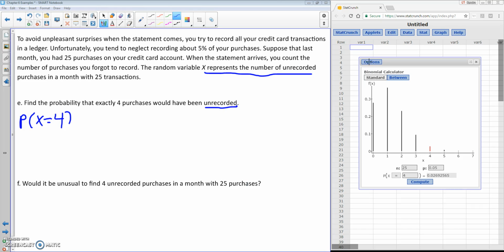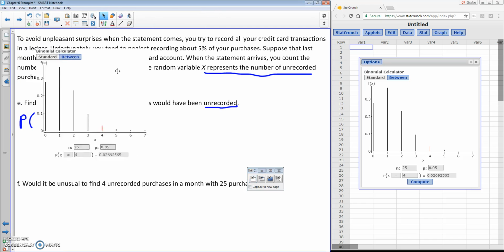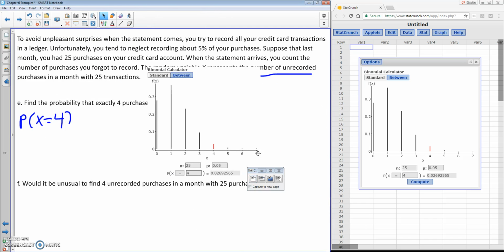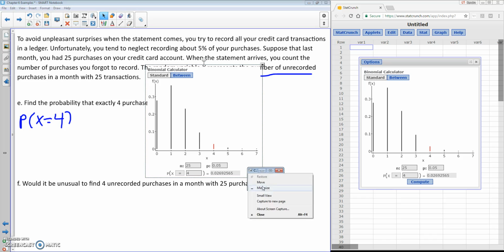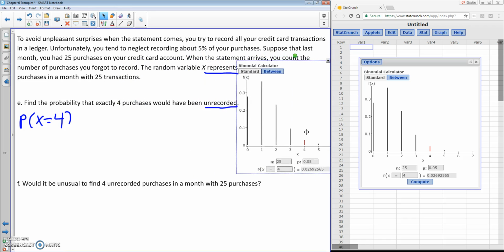So I'm going to capture my screen here. Exactly 4 unreported. Our probability here is equal to 0.0269.